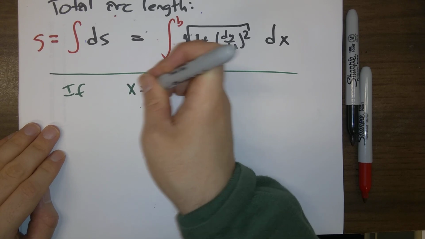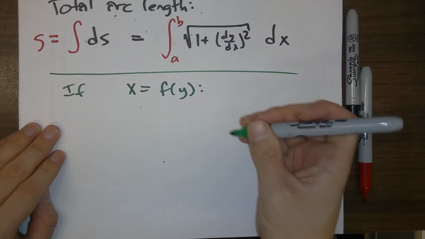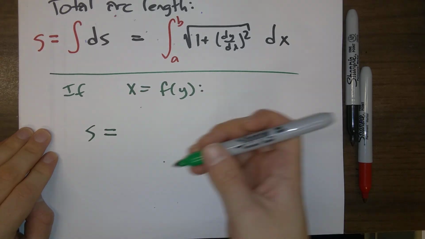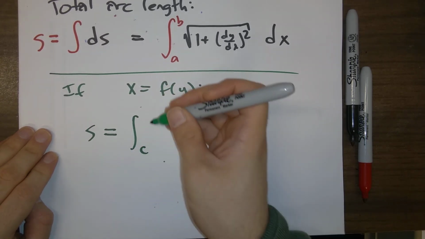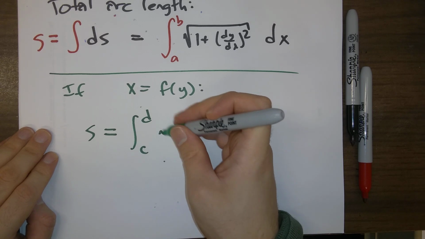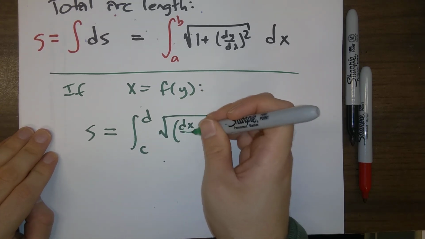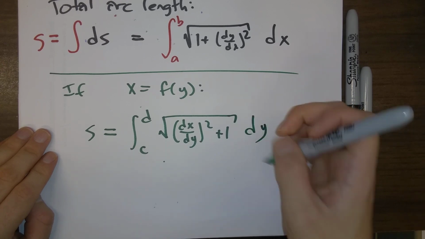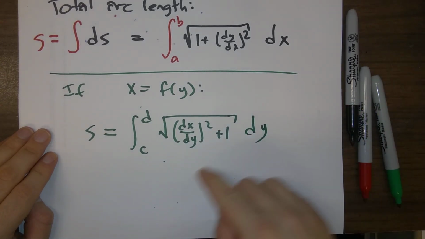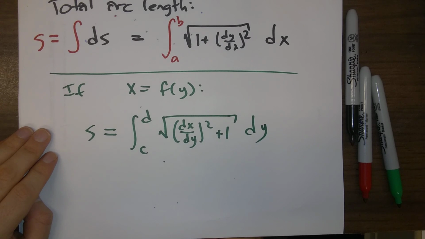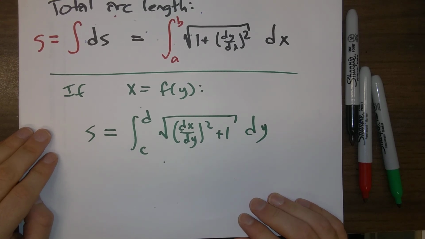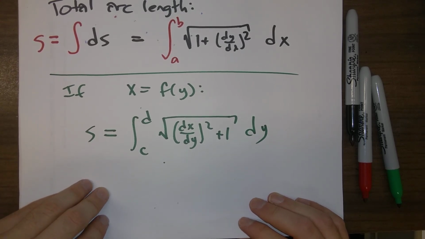If we're thinking of x as a function of y, then a similar derivation would give us, I'll skip the details, the integral from c to d of the square root of dx over dy squared plus 1, dy. So it's the same formula, except up here you're integrating with respect to x, and down here you have x as a function of y, so you integrate with respect to y.